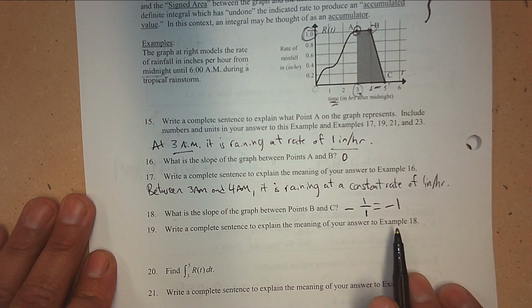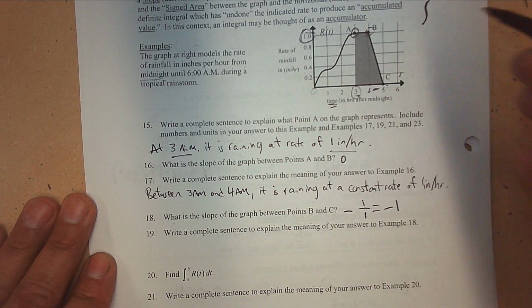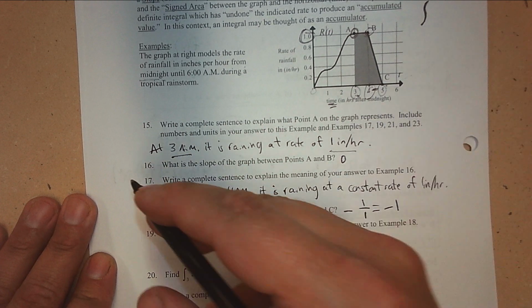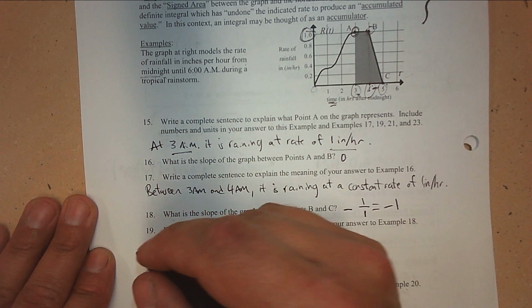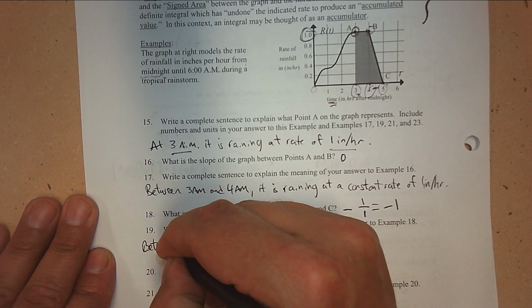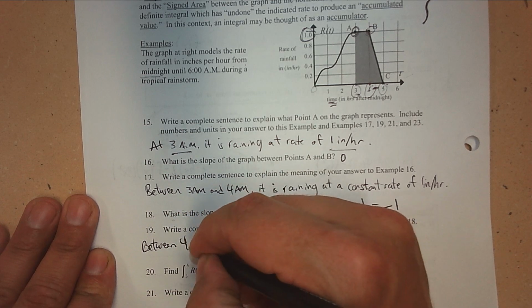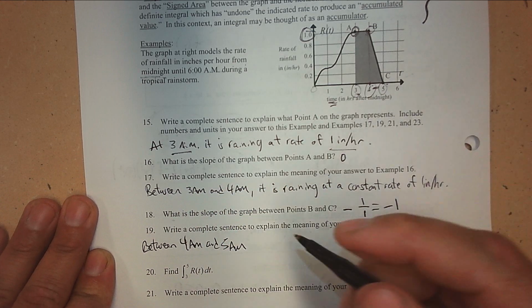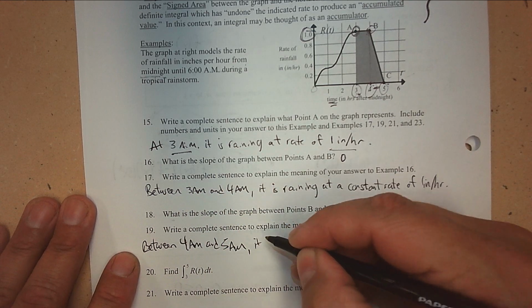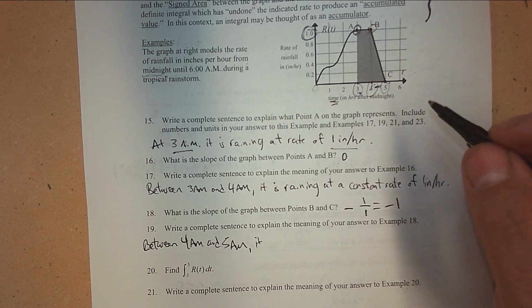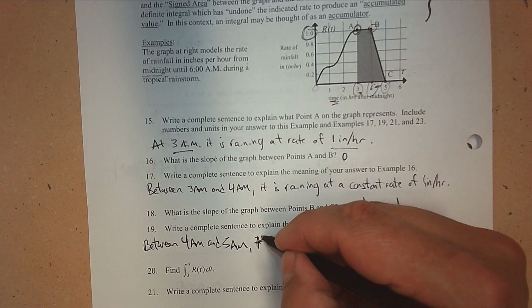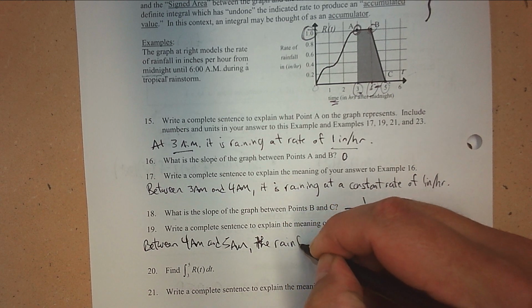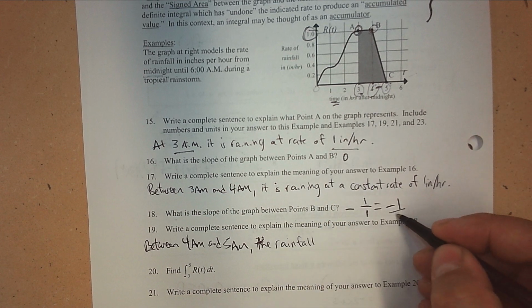Write a complete sentence again. So we need time to begin with. So 4 to 5 in this case is between 4 and 5 a.m. What is it doing? Well, the rainfall is doing something. And because we have a negative rate, what's happening?